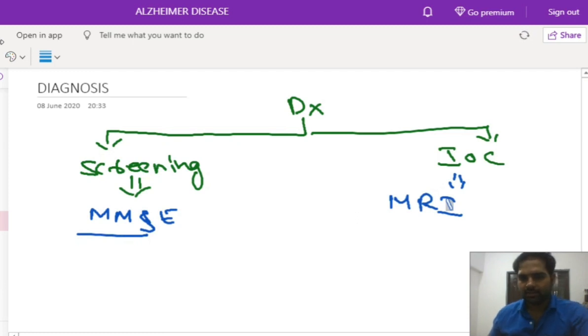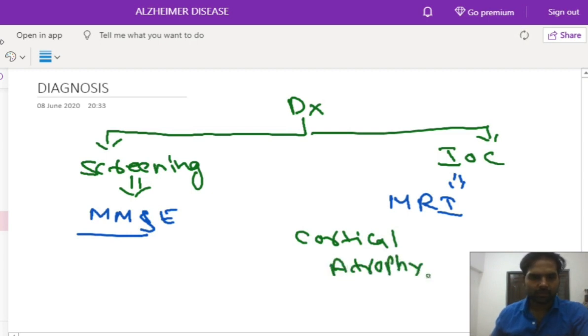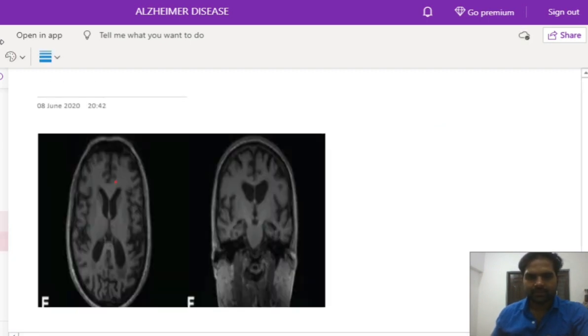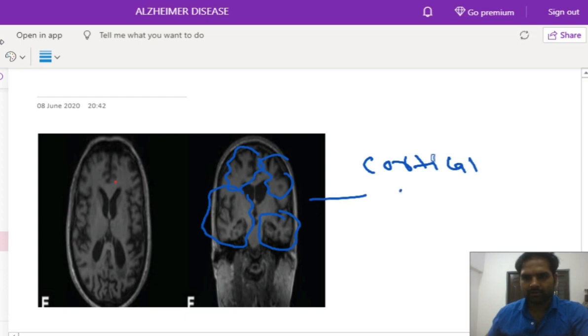In the MRI, there will be cortical atrophy. This is the MRI of the brain, which shows cortical atrophy. This is a classical MRI of Alzheimer disease.